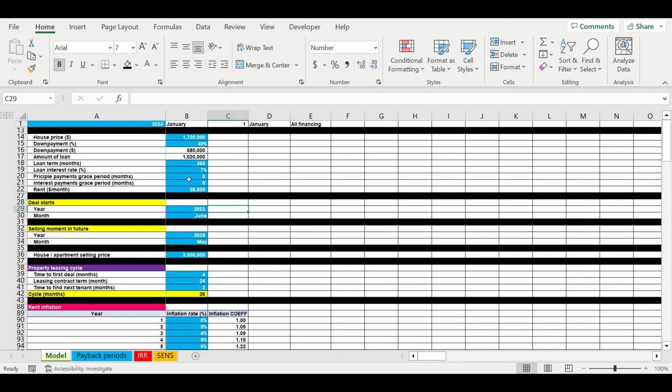So the first rule that we have in all our models is we have a specific color for all the inputs. This is needed because you will be playing with scenarios 100%.